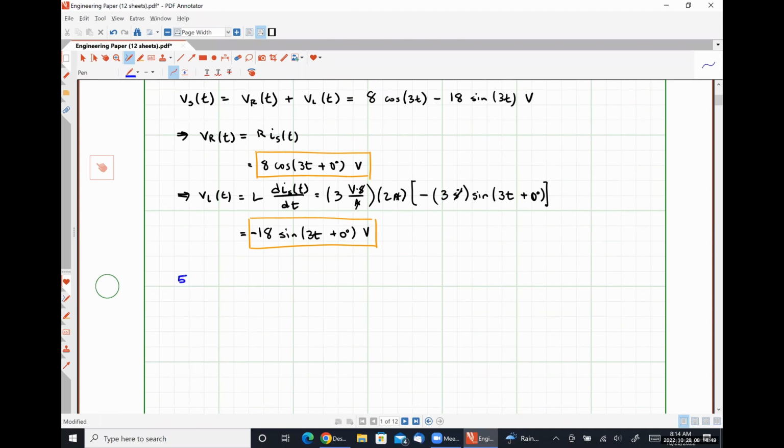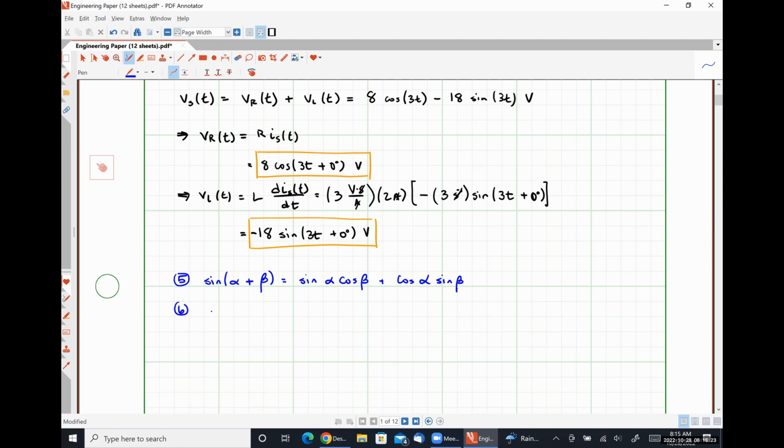So we had trig identity number 5. Let me pull it up here real quick. Sine alpha plus beta is equal to sine alpha cosine beta plus cosine alpha sine beta.